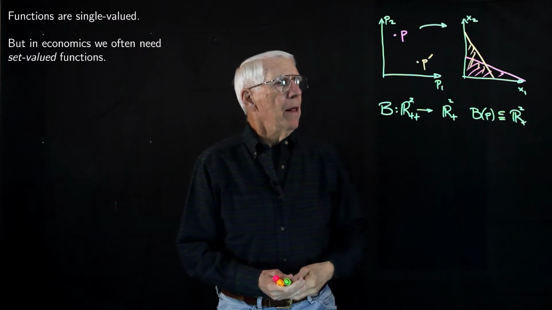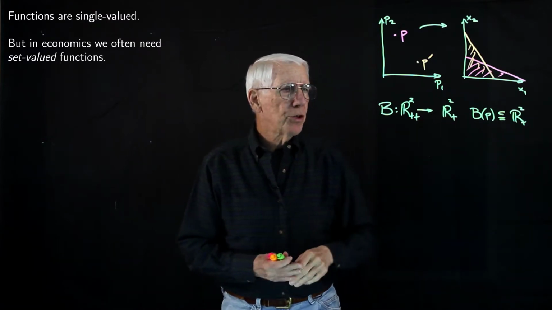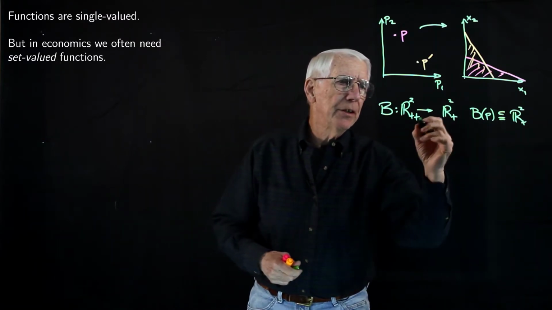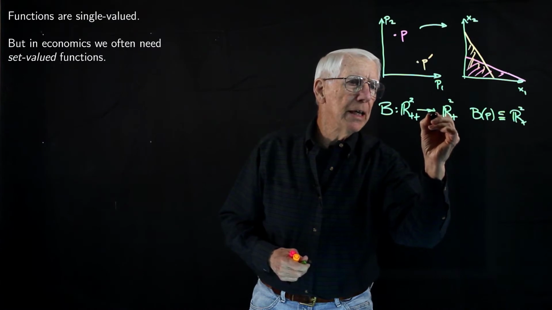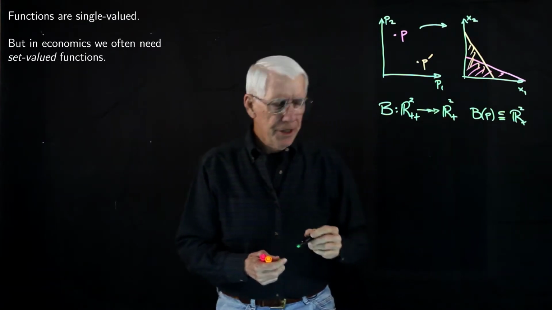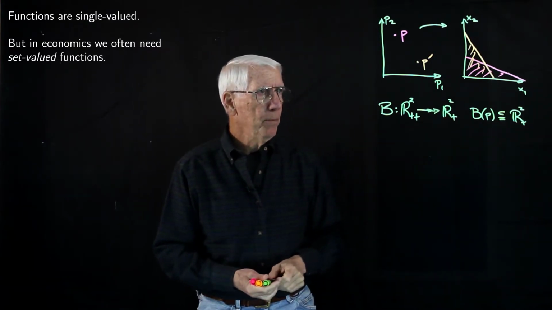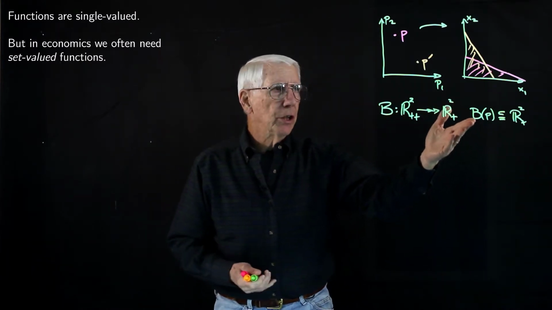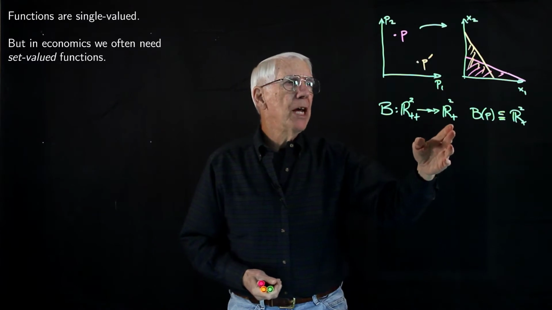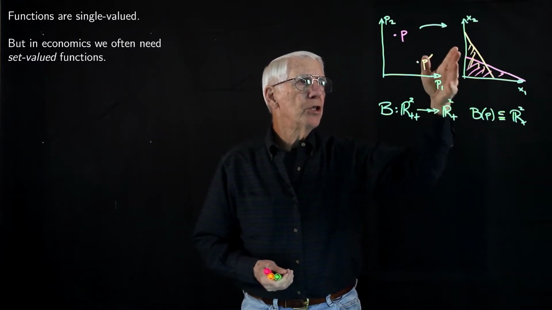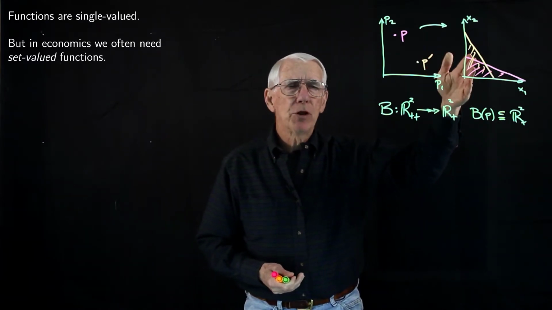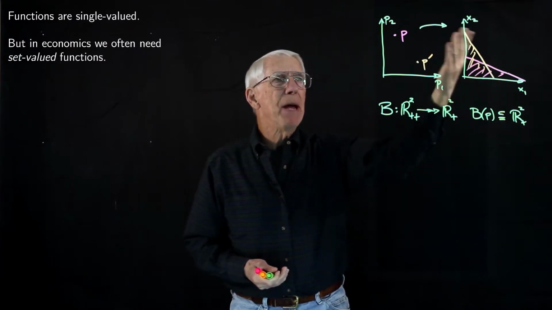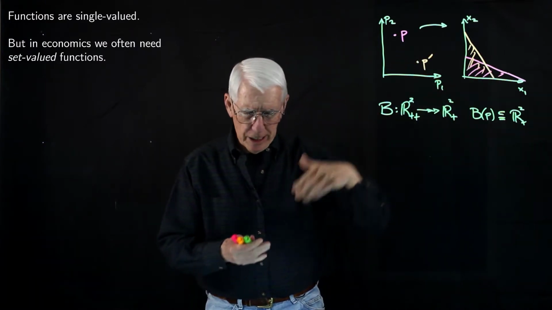And so this isn't a function in the usual sense, so we don't want to use this notation. And the notation we actually use is a double arrow-headed arrow. And so this set-valued function describes how the consumer's available or feasible set, budget set, depends on the price list.